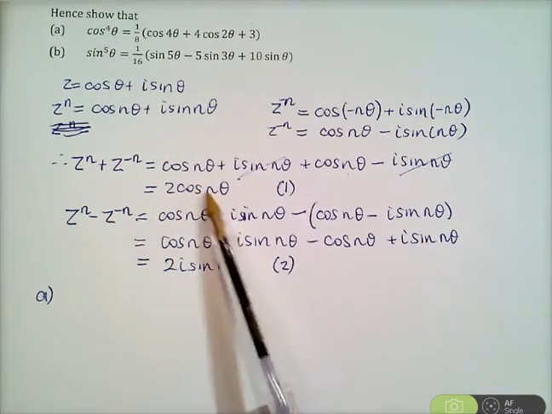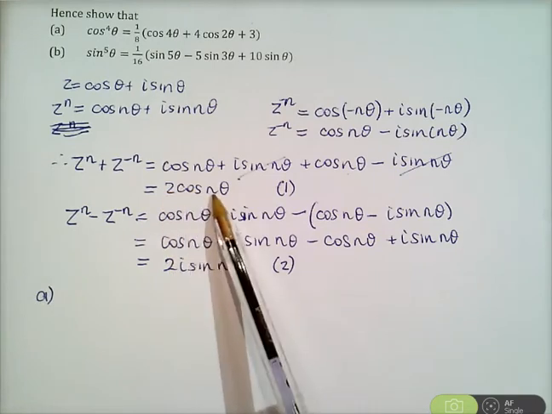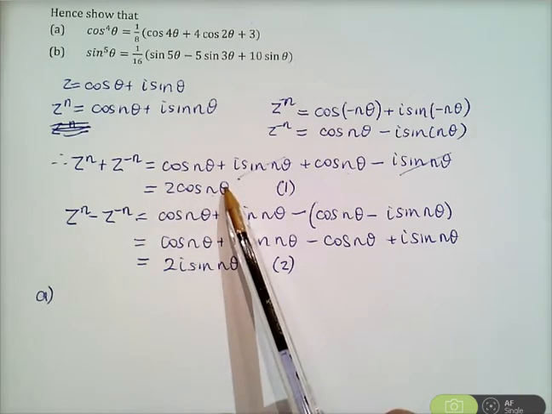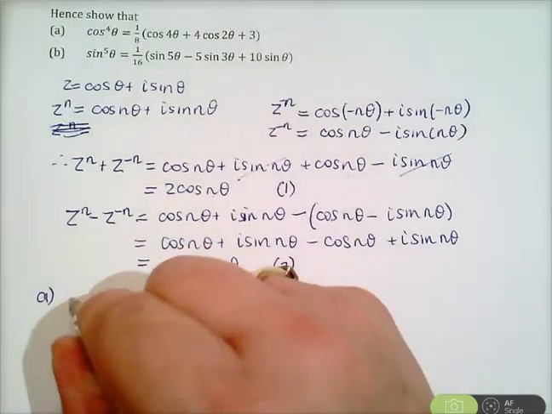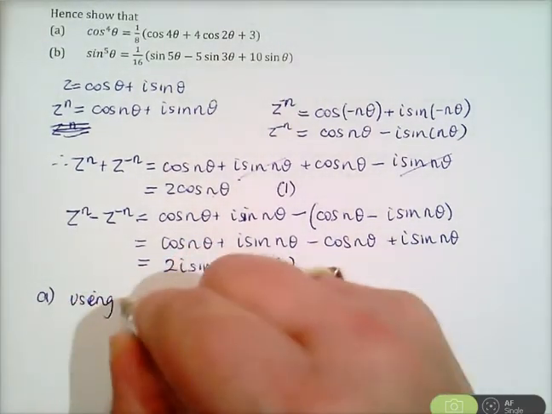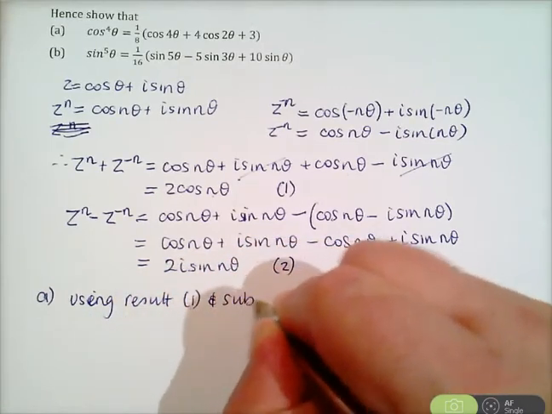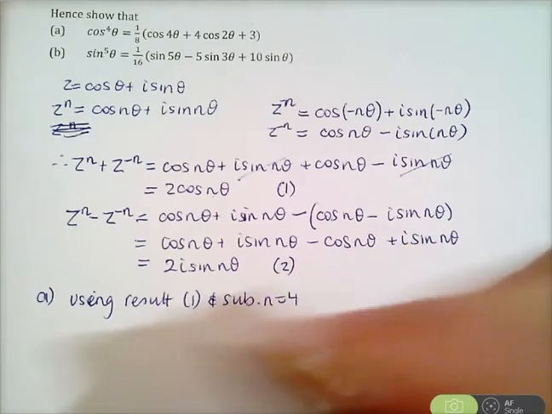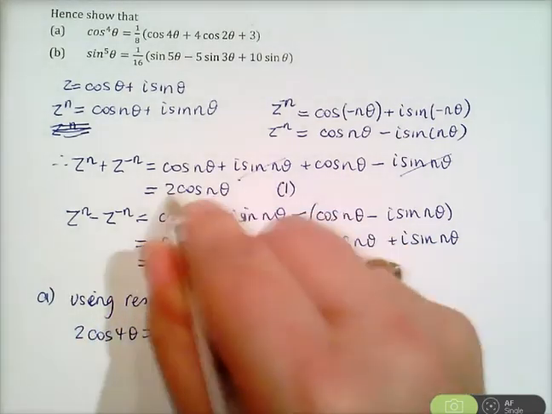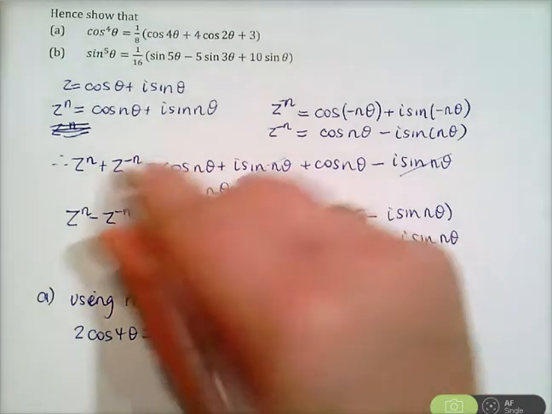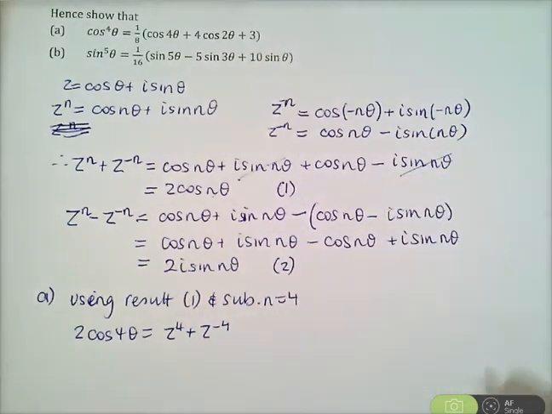If we look here, we can come up with an expression for 2 cos 4 theta, perhaps, okay? So using result number 1 and substituting n equals 4, we've got that 2 cos 4 theta is equal to z to the power of 4 plus z to the power of negative 4.